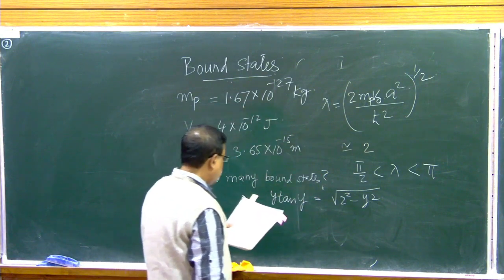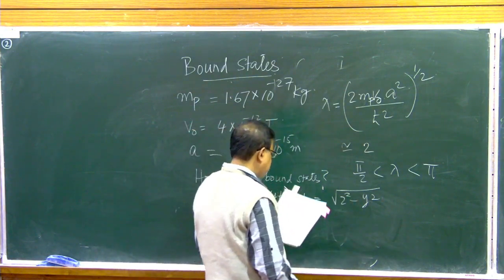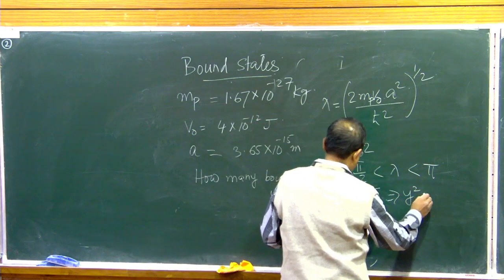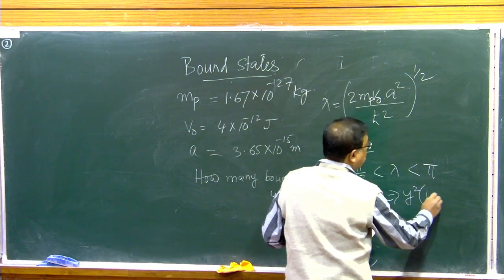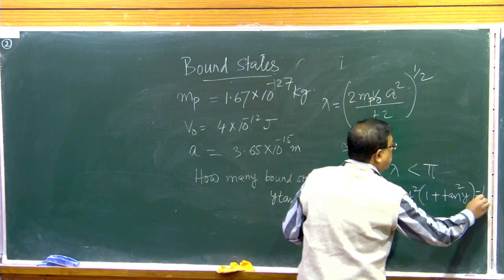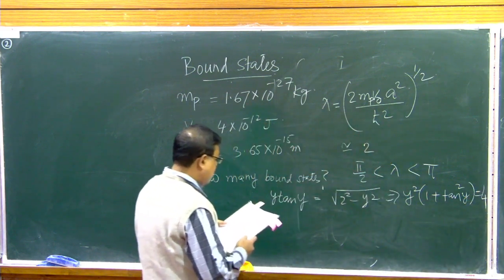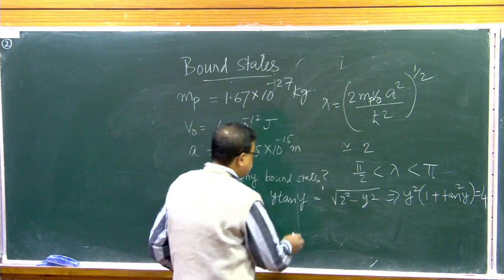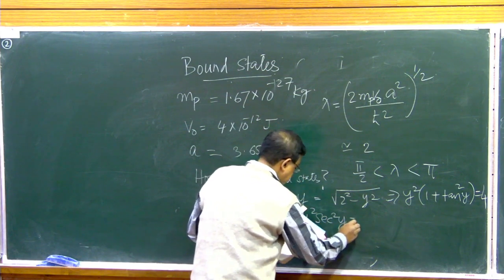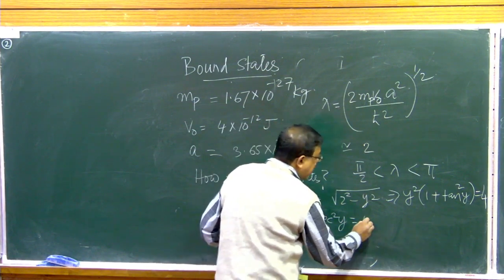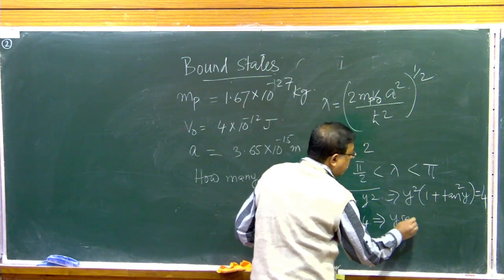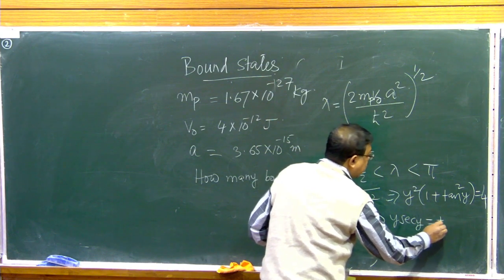If you simplify this, you get y square times 1 plus tan square y equal to 4. And if you remember, 1 plus tan square is equal to sec square, so this is y square sec square y equal to 4, which means that y sec y equals plus minus 2.